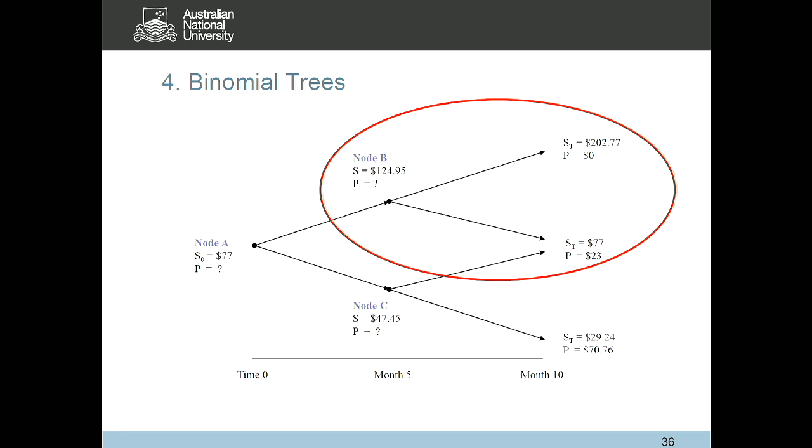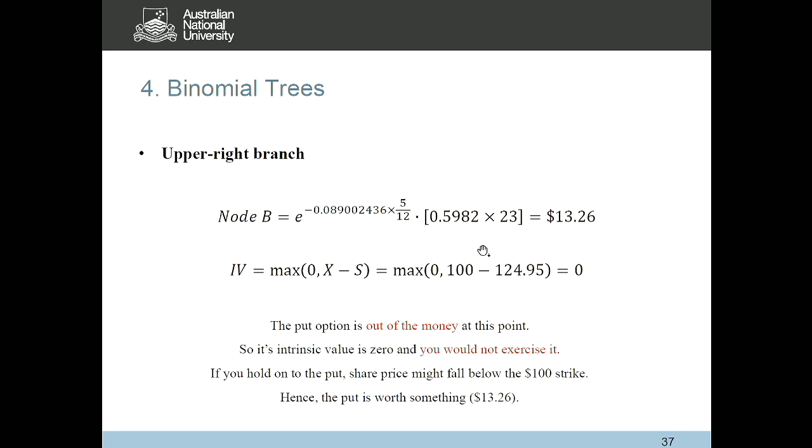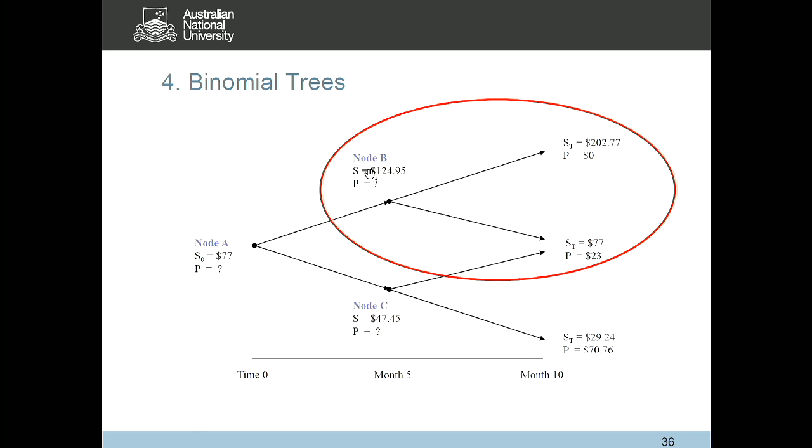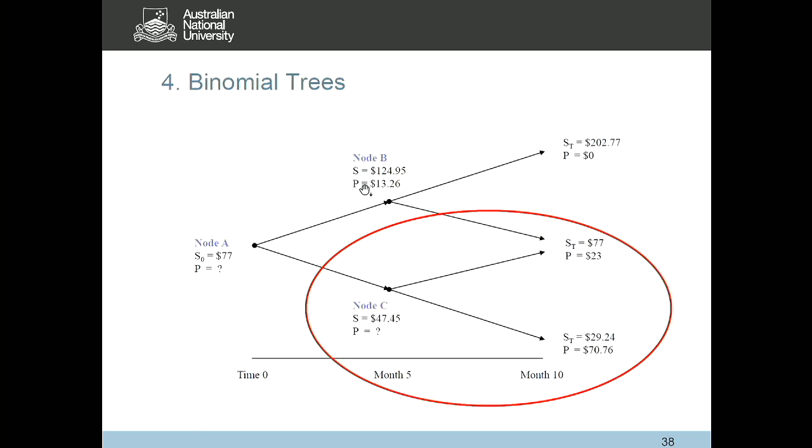If it's higher than the strike, then the put option is out of money, so we don't exercise the put, because exercising the put in node B will lead to a loss. So we simply let it finish with a value of 0, and we write down the bigger payoff, which is 13.26 here in node B.